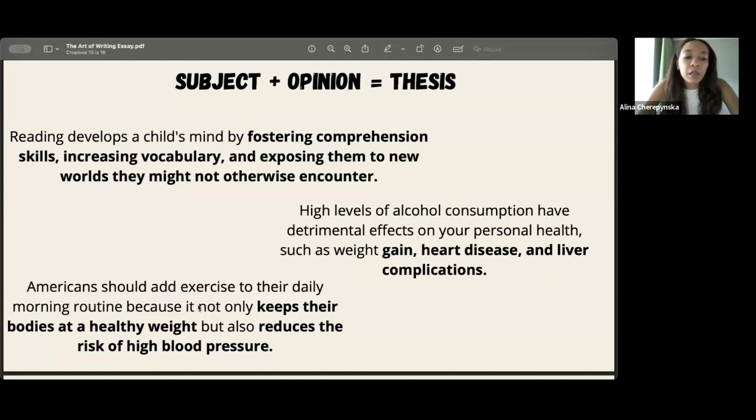One more: "Americans should add exercise to their daily morning routine because it not only keeps their bodies at a healthy weight, but also reduces the risk of high blood pressure." Here we have two paragraphs in the body, about healthy weight and about reducing the risk of high blood pressure.